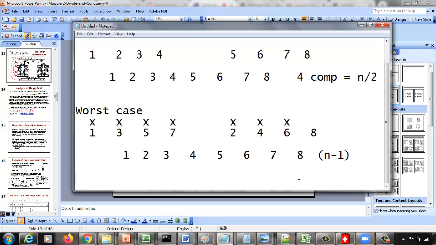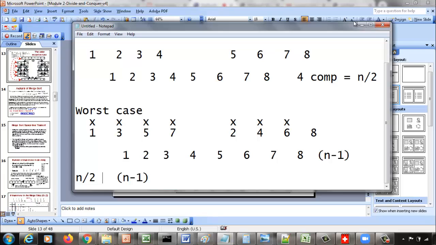But if you again think in terms of the asymptotic time complexity, asymptotic means you will focus on what happens as n grows larger to infinity. So you have to look at these two functions, n over 2 and n minus 1.